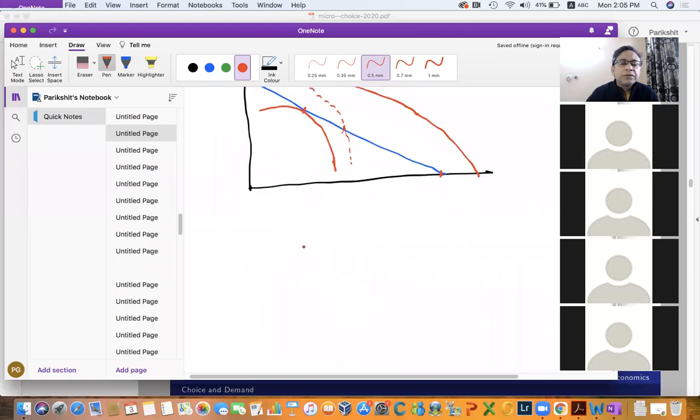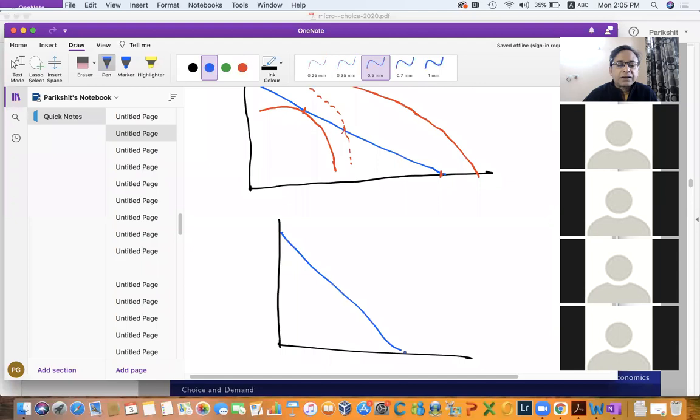In some other cases, I will not specify a particular function, it's possible that we have a budget line and we have identified some sort of tangency point, and it is indeed a local maximum, not a minimum. But suppose the indifference curve is shaped like this.